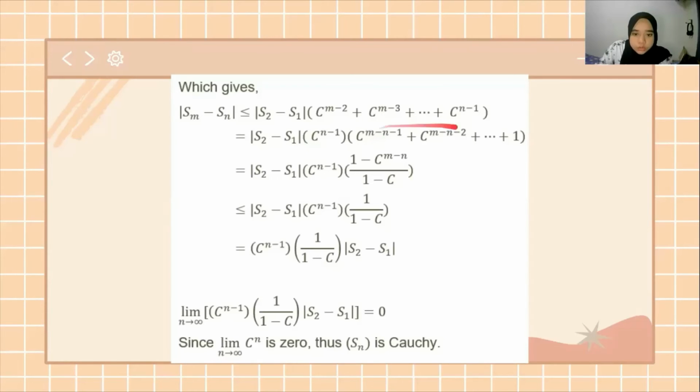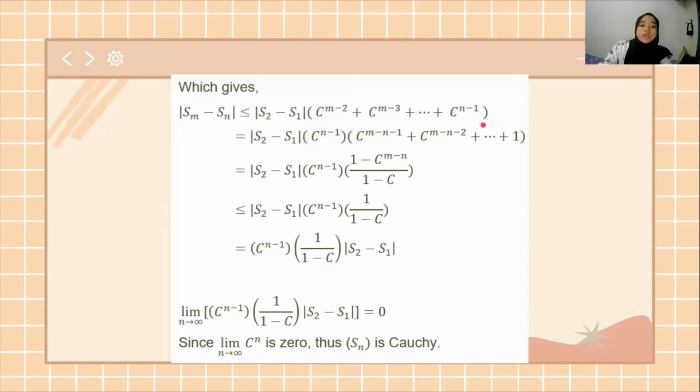You will factorize the equation, then you will get the constant with power of n-1 times the constant with power of m-n-2, and so on until the end, you will get 1.